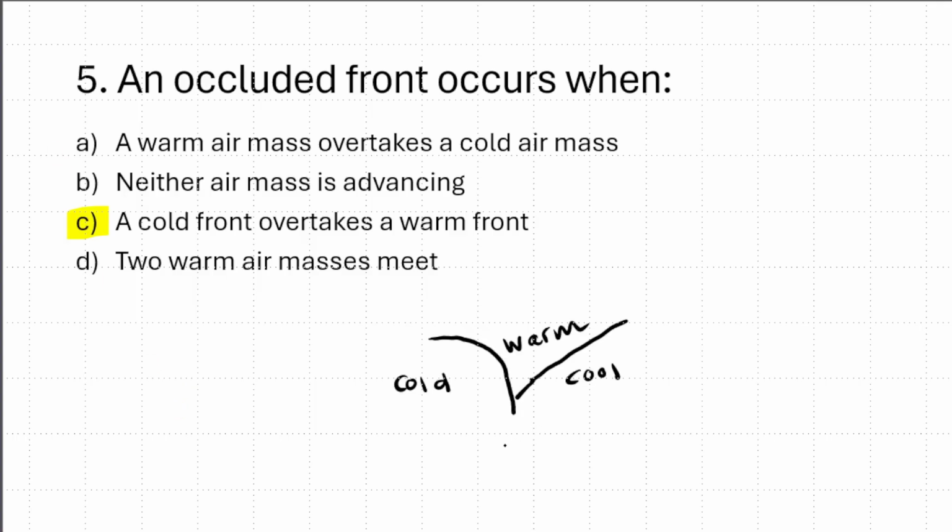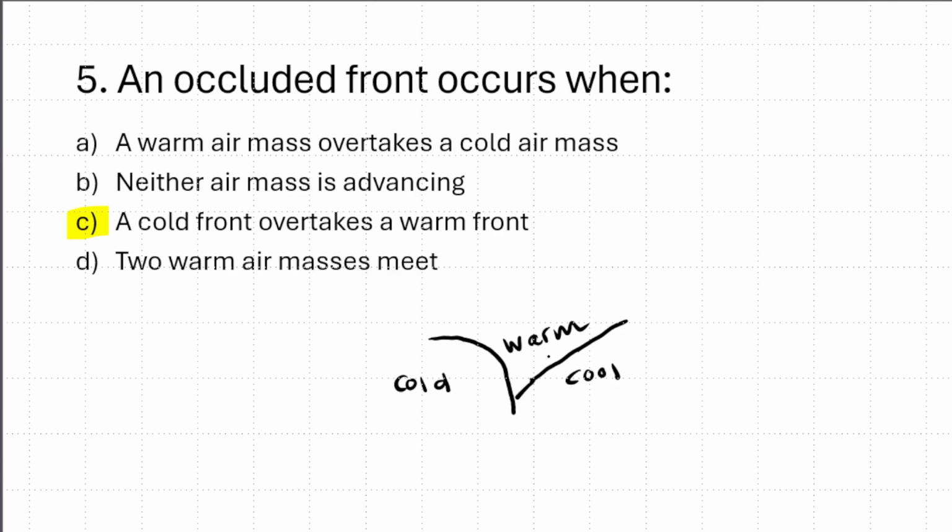Now, this is kind of what it would look like if you had to draw it out. You would have, let's say, some cooler air ahead, but the whole point of the occluded front is that the cold front is catching up with the warm front. The speed of that cold front is really fast, and it's going to be advancing on that warm front quickly.